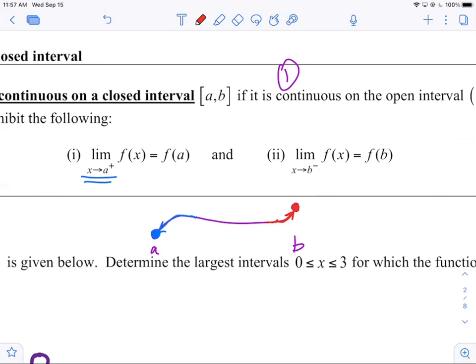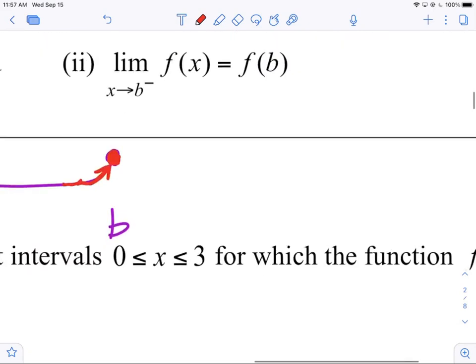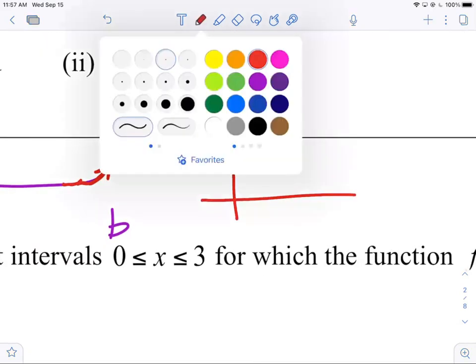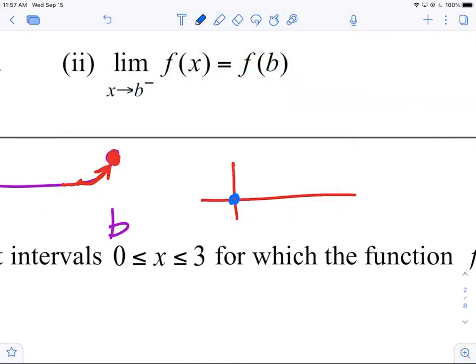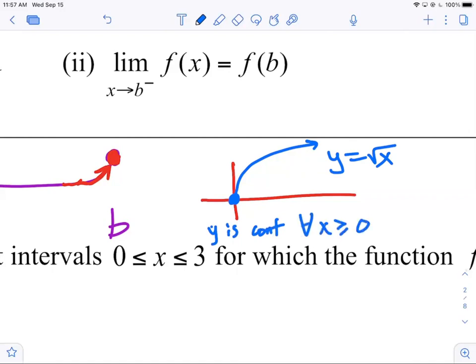And that's why we can say something like this: the function square root of x, which we just saw in the warm-up, we can say that this function y is continuous for all x greater than or equal to 0.